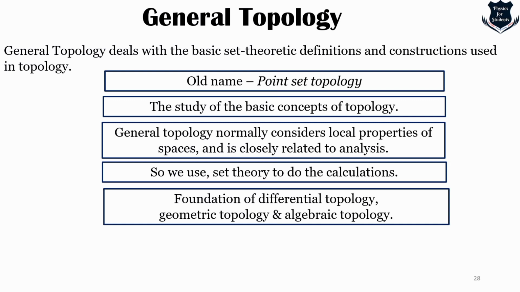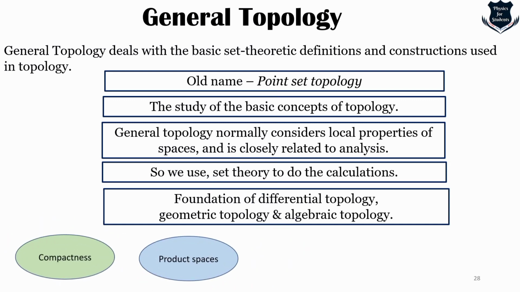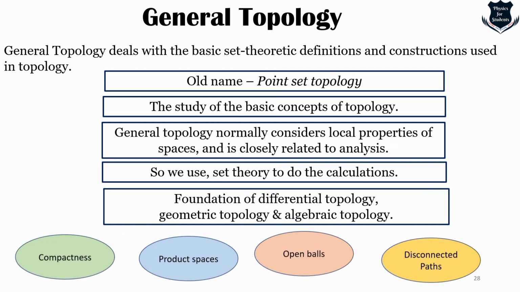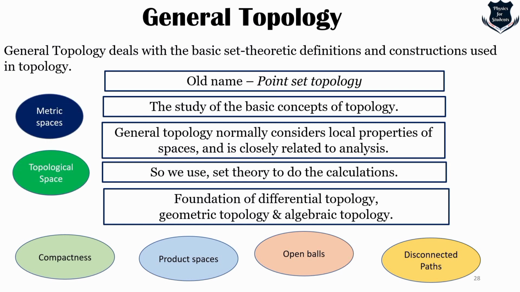So the topology I am teaching, the most generic topology, is general topology. Earlier it was called point set topology, now we call it general topology, and it is the foundation of other topologies. As you see, compactness, product spaces, open balls, disconnected paths, metric spaces, topological spaces, these are the concepts underlying mathematics. Everything is related to general topology, and I'm going to cover all this one by one in this series of videos.